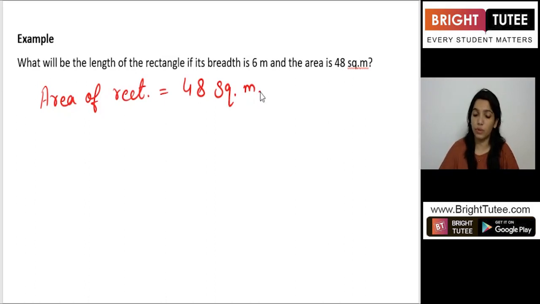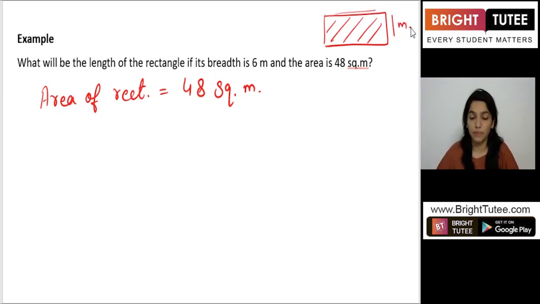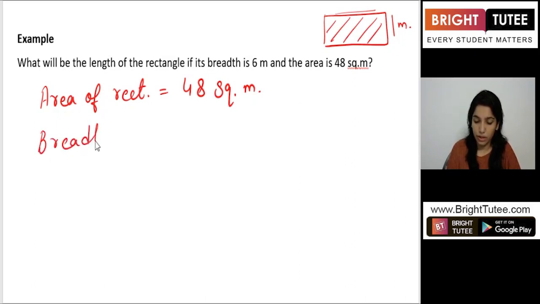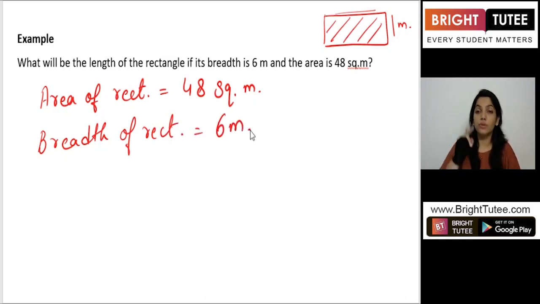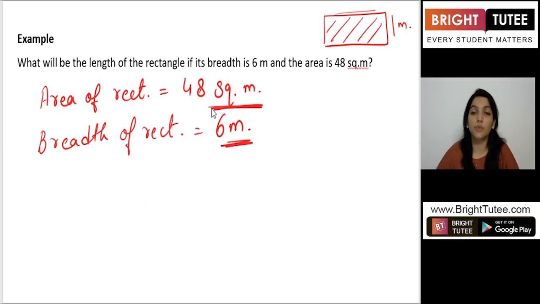That means whichever plot we are talking about here, this has got its length and breadth in meters. Okay. Now, what do we need? We need to find the length. We are also given that the breadth of the rectangle is 6 meters. So you see, the length and breadth are just written in meters. However, the area is always written in square meters.